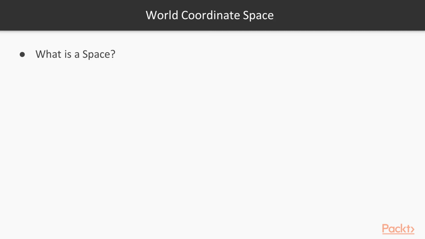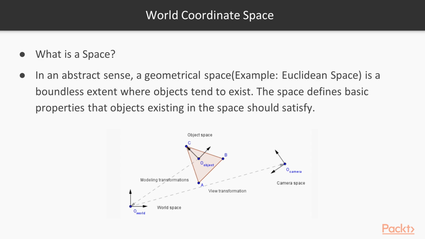And before we talk about world coordinate space, let's talk about what the space is in itself. In an abstract sense, a geometrical space, for example, an Euclidean space, is a boundless extent where objects tend to exist. The space defines basic properties that objects existing in this space should satisfy.